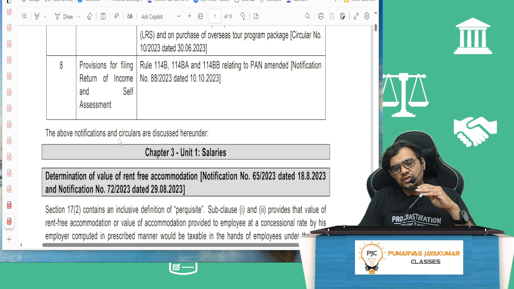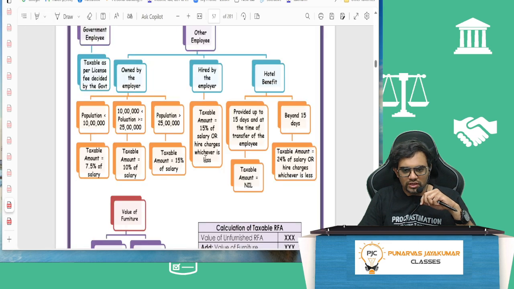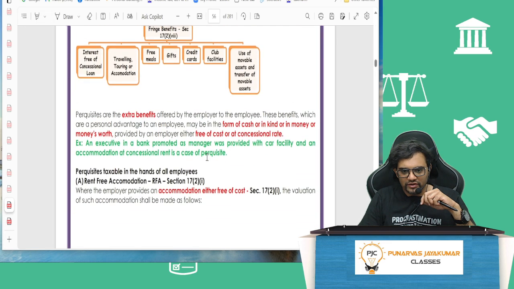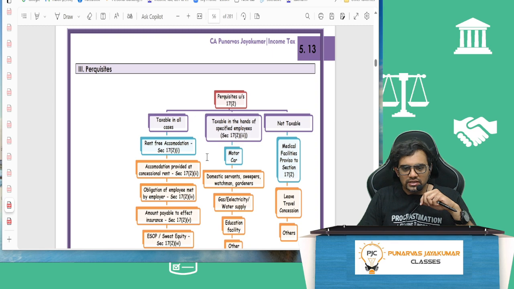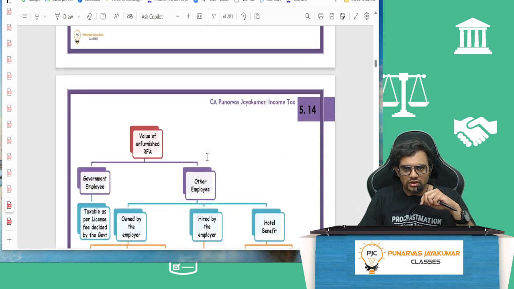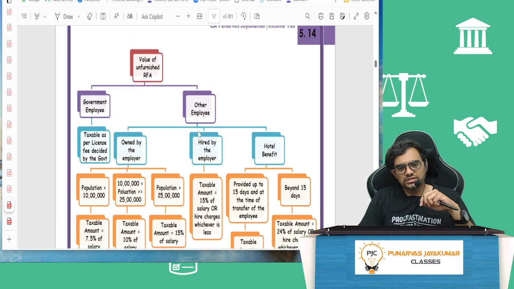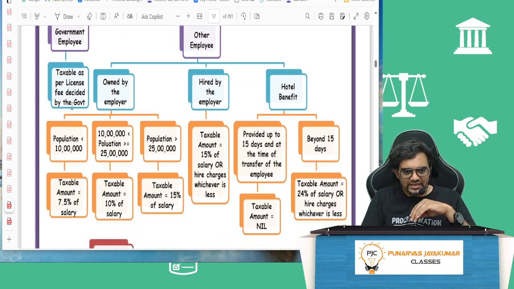That is all okay. The first change is rent-free accommodation, my dear friends. If you come to our notes on page number 5.14, we had seen the perquisite 5.13, that is your rent-free accommodation, for government employees and for others. For government employees, what was the deal? It was taxable as per the license fee decided by the government.